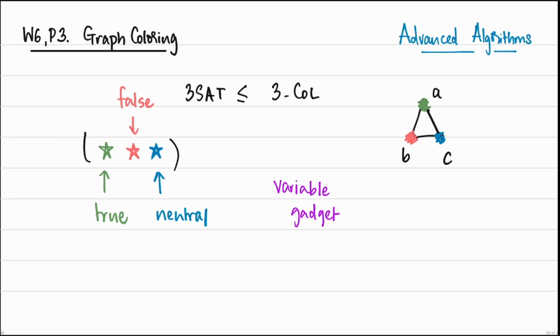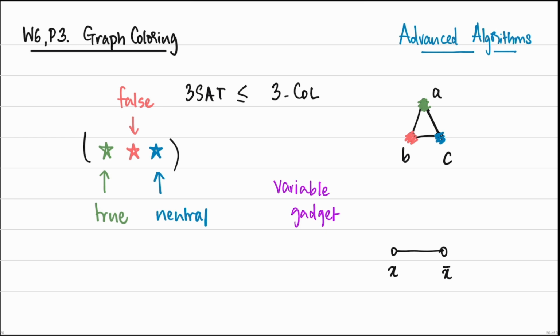So how do we do that? Well, now that we have these semantics in place, let's say that a variable is simply going to be represented again by an edge whose endpoints I think of as x and x bar, just like we had previously for the independent set reduction.